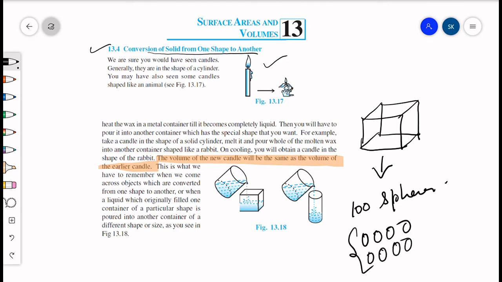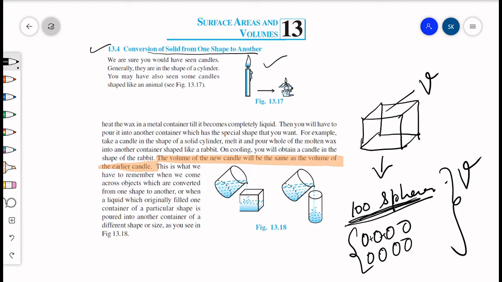So if the volume of this cube is V, then the volume of all the 100 spheres together, if you add them up, will add up to V. So volume is not going to change, it will remain same. So here volume of cube will be equal to volume of 100 spheres.